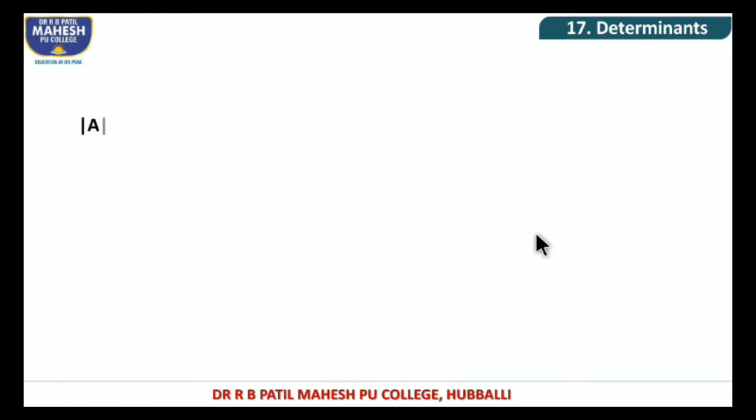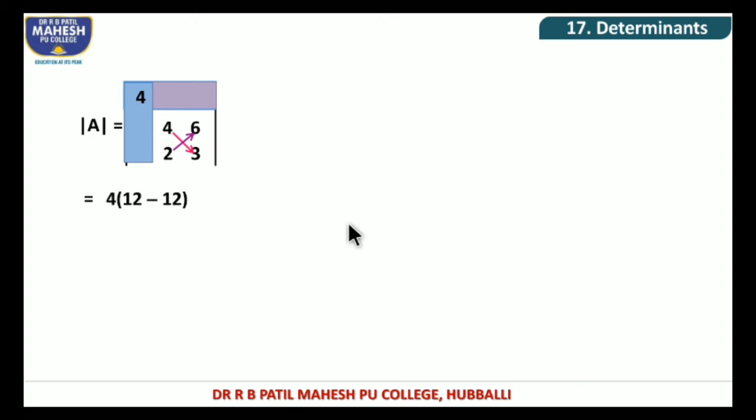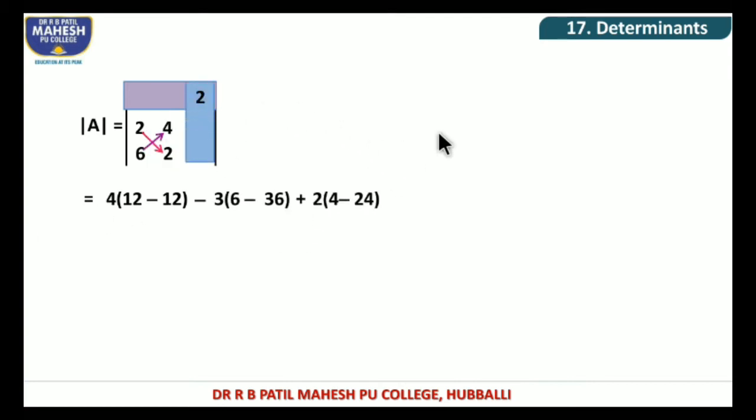Let us find out the value of determinant of A, which is the determinant of 4, 3, 2, 2, 4, 6, 6, 2, 3. Here we have the signs plus, minus, plus, so consider plus 4 into the bracket of 12 minus 12, minus 3 into the bracket of 6 minus 36, plus 2 into the bracket of 4 minus 24.